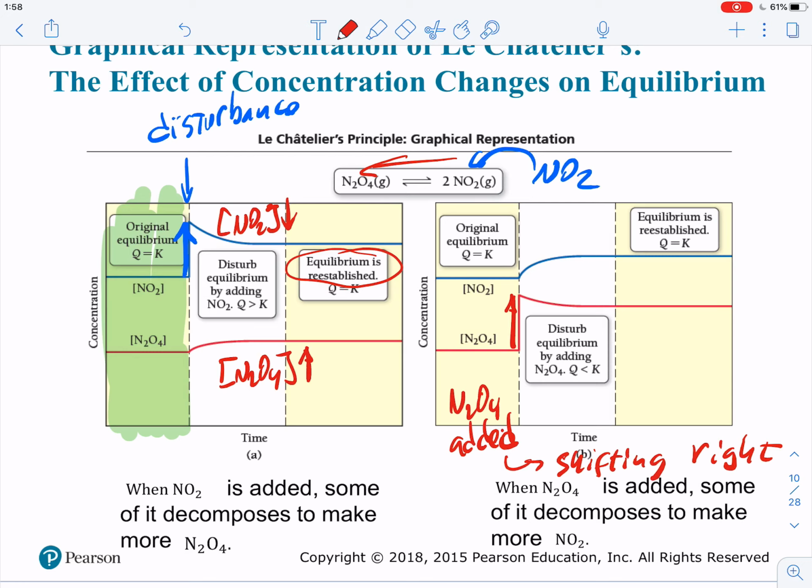The end result is that the concentration of NO2 has to increase, and the concentration of N2O4 has to decrease, up to the point in which you reestablish the equilibrium. So that's the meaning of these two graphs. Once again, the equilibrium will shift away from the side in which you are adding, and it will shift towards the side in which you are removing. That's the bottom line here.